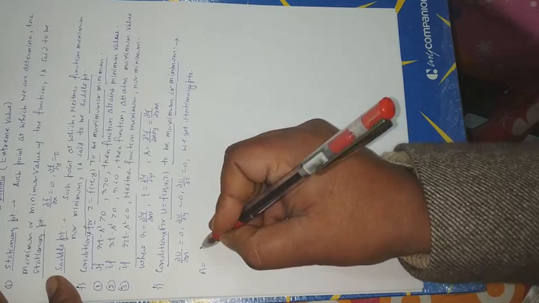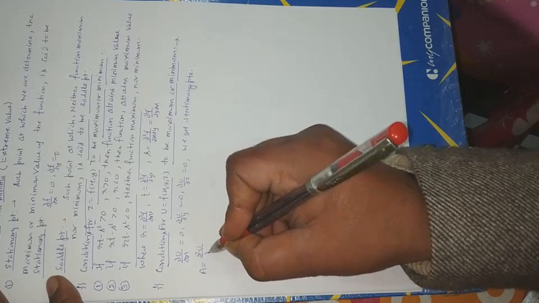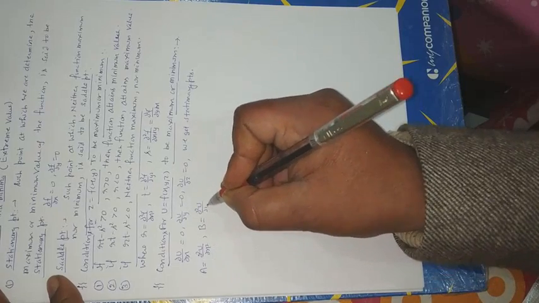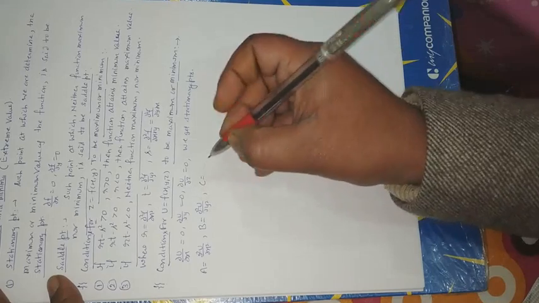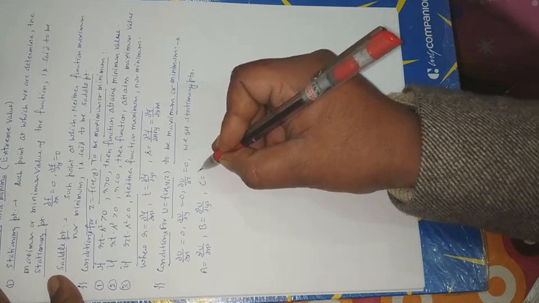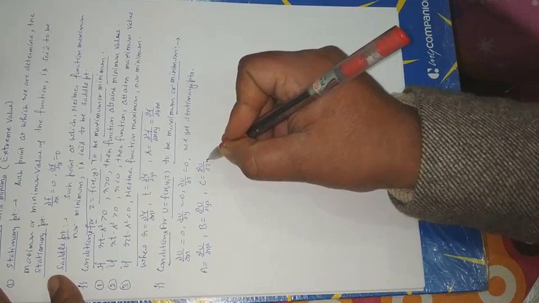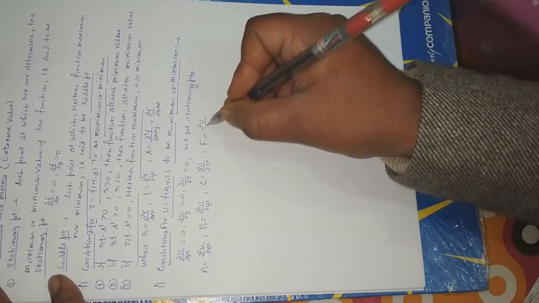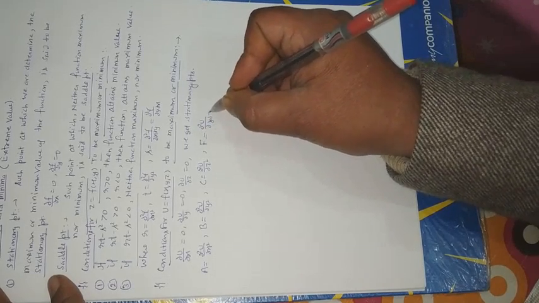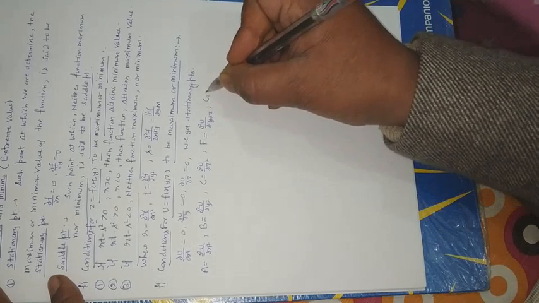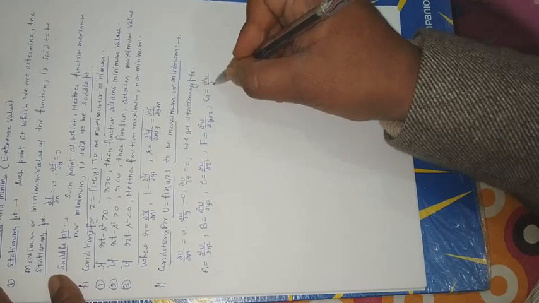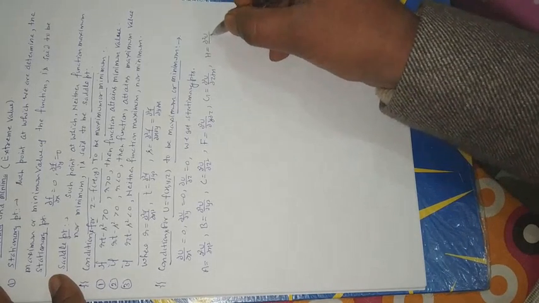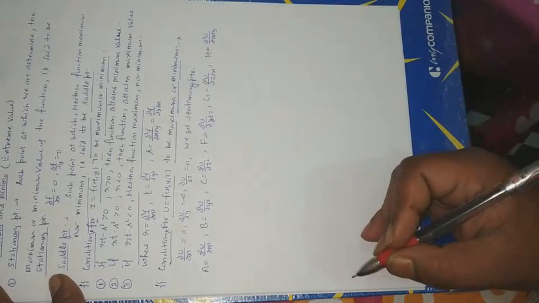Capital A is equal to del 2u upon del x2. Capital B is equal to del 2u upon del y2. Capital C is equal to del 2u upon del z2. Capital F equals del 2u del y del z. Capital G is equal to del 2u del z del x, and capital H is equal to del 2u del x del y.